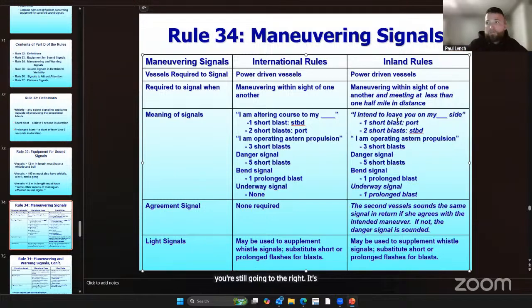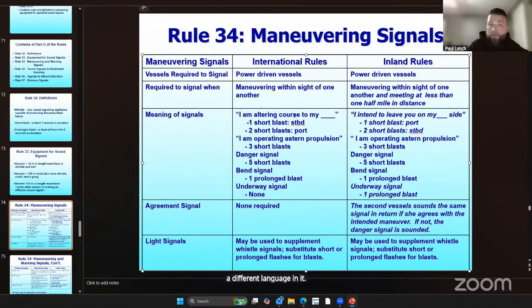It's just a different language of saying I'm operating my vessel to the right and leaving you on my left. Read it out loud: I am altering my course to starboard. I intend to leave you on my port side, meaning I'm leaving that other vessel on my left. So this is the same thing, just a different language.